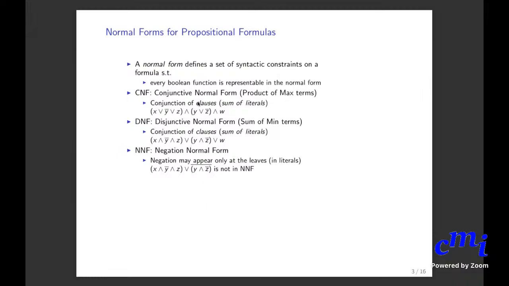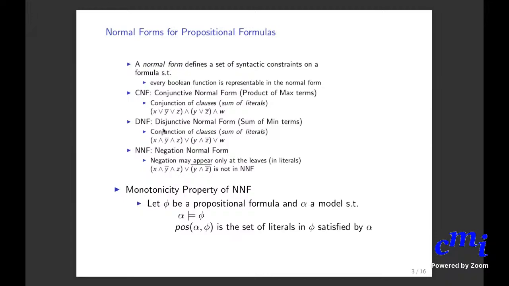CNF and DNF, by definition, are negation normal forms. The reason I'm recapping this is because the various decision procedures that exist for checking Boolean satisfiability leverage the structure of these formulas. They all rely on the formulas being expressed in a particular normal form.